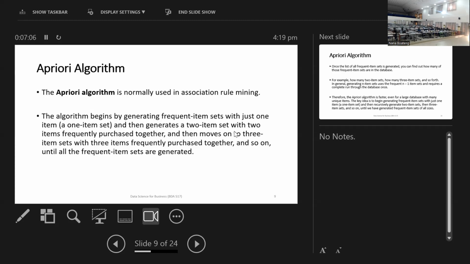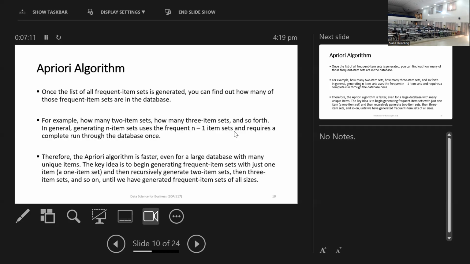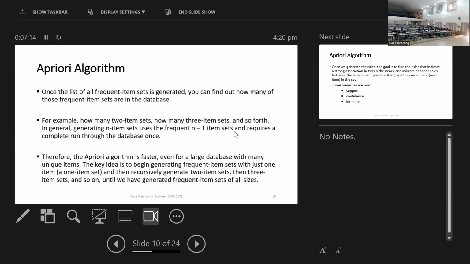So let's see how the Apriori algorithm works. First of all, it generates all frequent item sets, that is, items that are frequently bought together.